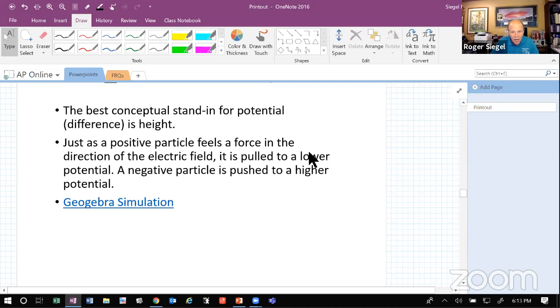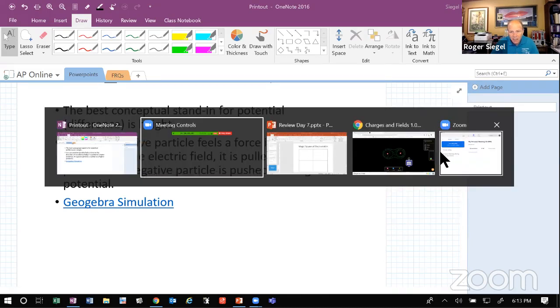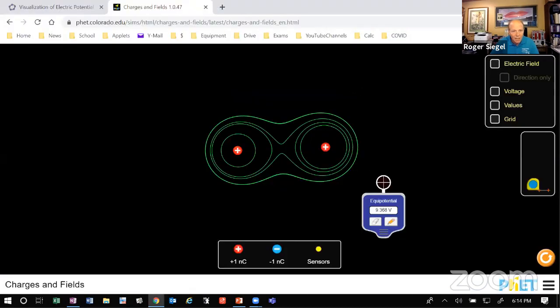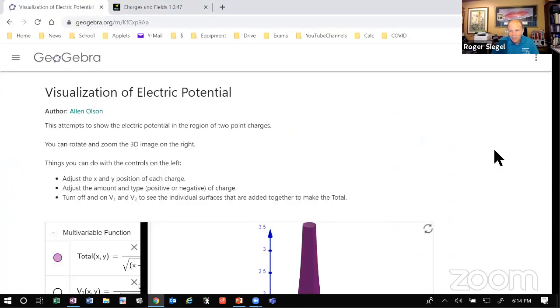So let me pop over here to a simulation that I have for us today. And this is a simulation that someone made on GeoGebra. I think a man named Alan Olson. Thank you, Mr. Olson. And this is a really good simulation. I think you're going to like this as soon as my computer starts responding here. We're a little slow.